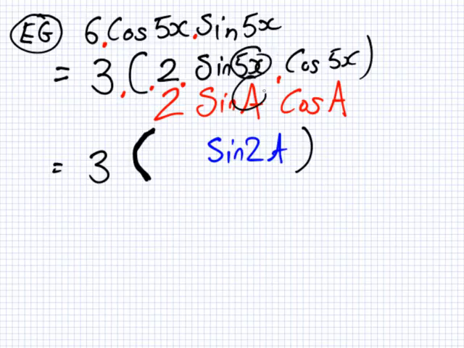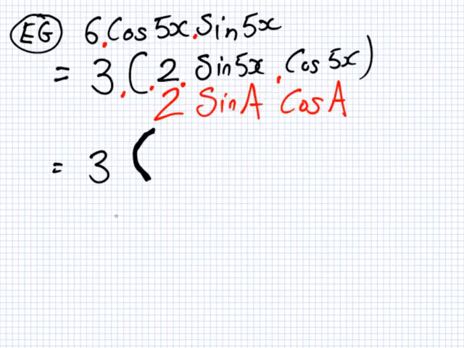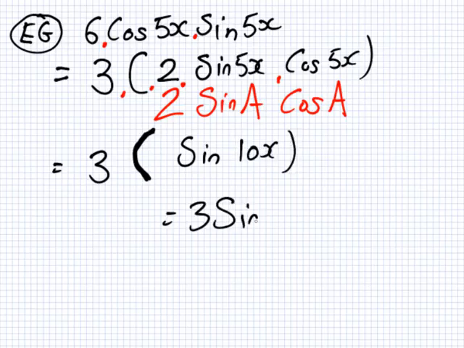You remember 2 sine a cos a is sine 2a. Again, literally the last thing I did with you before today. So because this is equal to sine 2a, I can say this is equal to sine 10x. So the answer is 3 sine 10x.